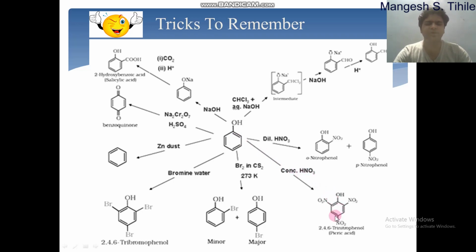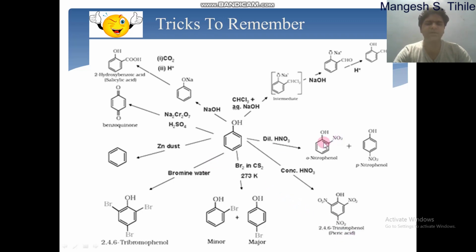You people keep in your mind that when you do the reaction of phenol with dilute HNO3, it produces mononitrated product, whereas if you do the reaction of a phenol with concentrated HNO3, it results into the formation of trinitrated product, that is 2,4,6 trinitrophenol, or commercially it is known as picric acid.